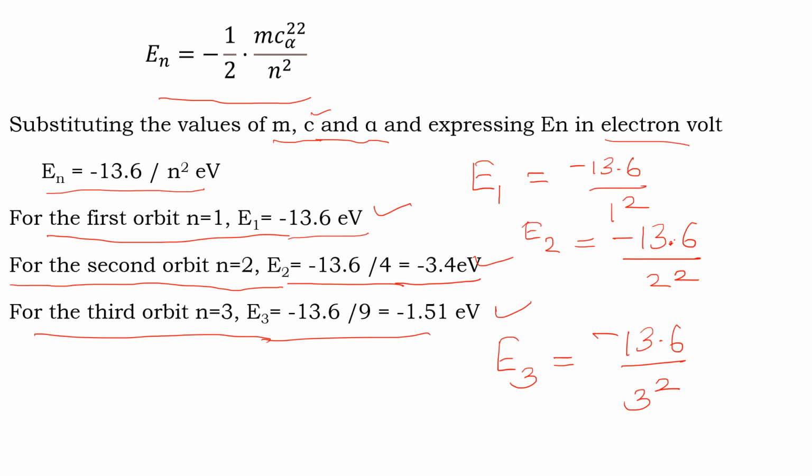So for the electron in the first orbit, the force between the electron and the nucleus is greatest. For the electron in the second orbit, the binding force between the electron and the nucleus is less strong.